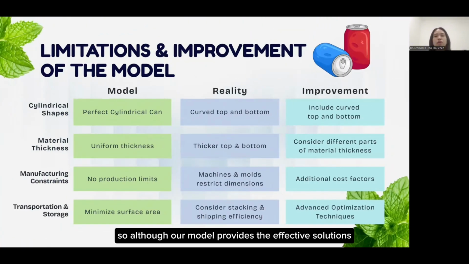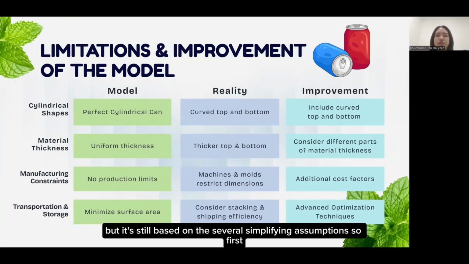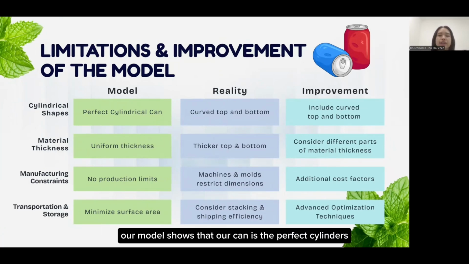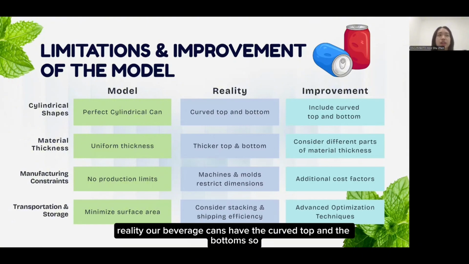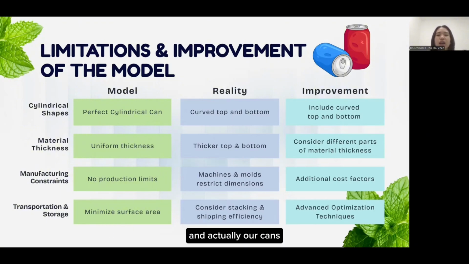Although our model provides an effective solution, it is still based on several simplifying assumptions. First, our model assumes the can is a perfect cylinder, whereas in reality, beverage cans have curved tops and bottoms. Second, we assume the material has uniform thickness, and actually, cans usually have thicker tops and bottoms for strength.